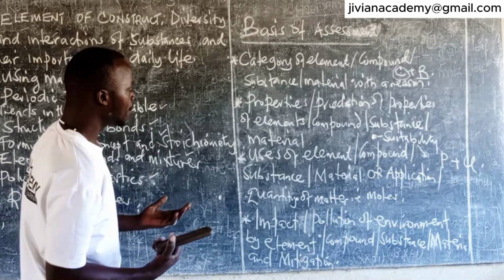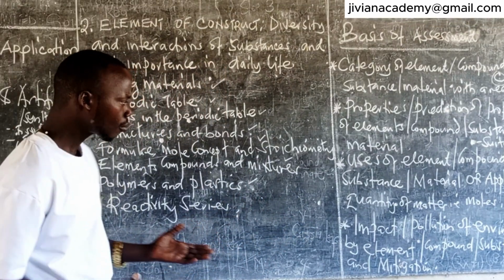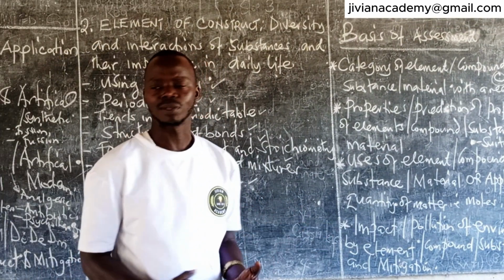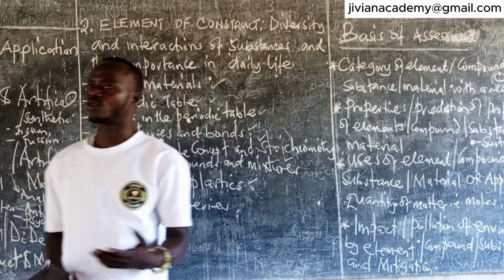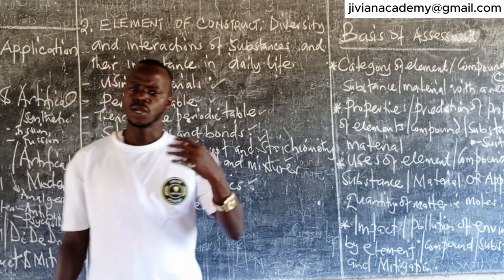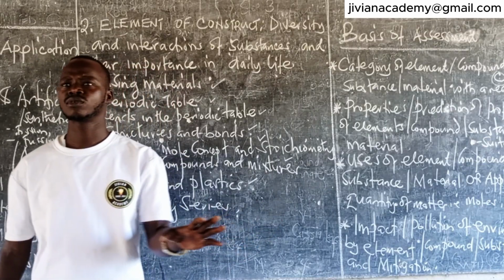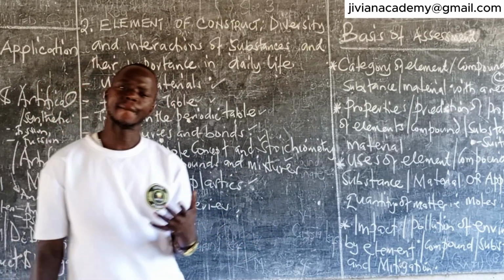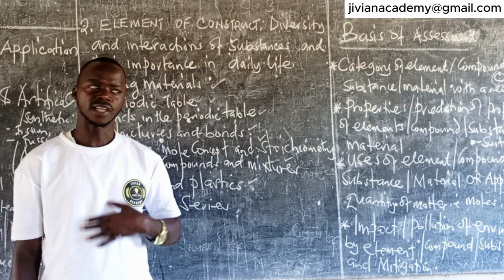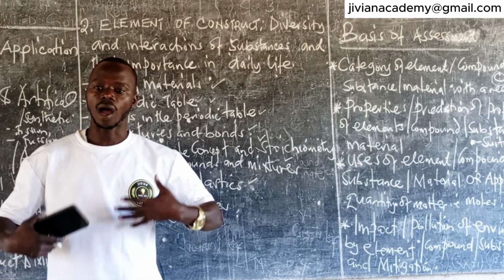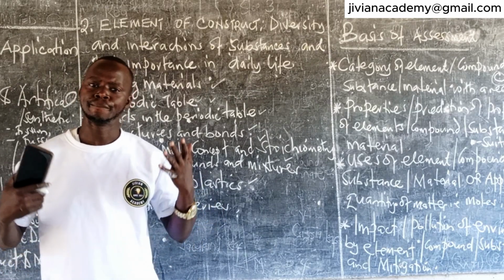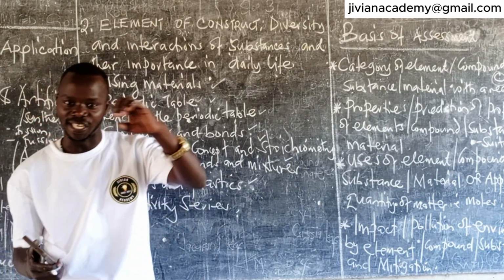Now, if the scenario maybe is about mole concepts, you can be asked to first perform some calculations to generate a particular compound. After generating the compound, you can now go ahead and categorize the given compound.